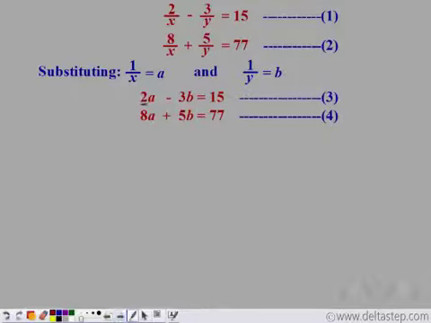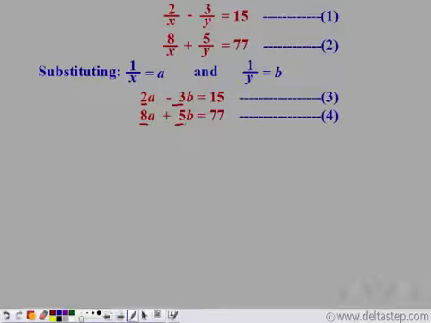The coefficient of a is 2 in the first equation and 8 in the second equation. The coefficient of b is negative 3 in the first equation and 5 in the second equation. So we see that the numerical part of the coefficient of a or b is not the same in any of the equations. So we need to transform these equations and bring it to a form where we can eliminate one of the variables.